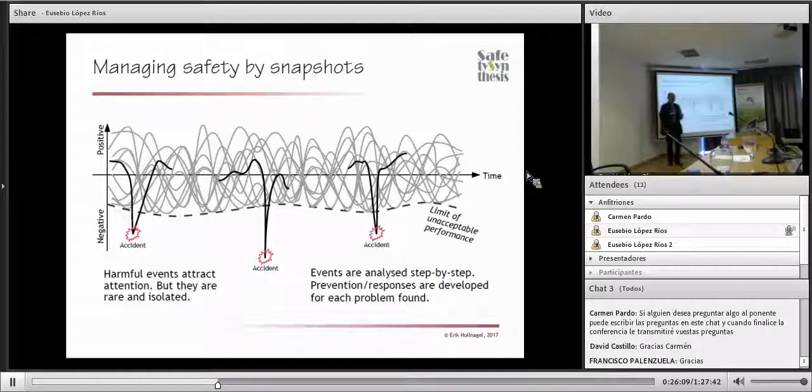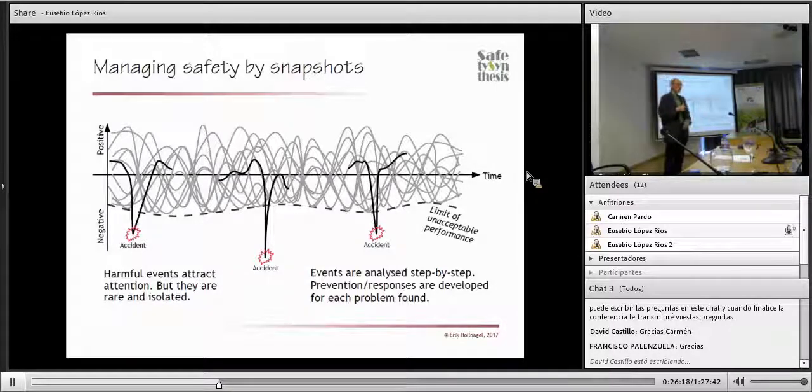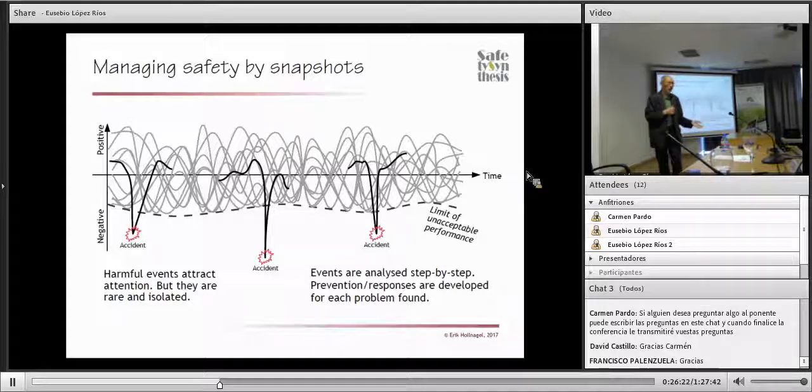We look at the snapshots of situations where the system doesn't work. So you can ask yourself, how can you manage the way the system works if you only look at the snapshots of situations where it doesn't work? Is that really sensible? This is a rhetorical question, and of course the answer is no, it's not sensible, in case you wonder.